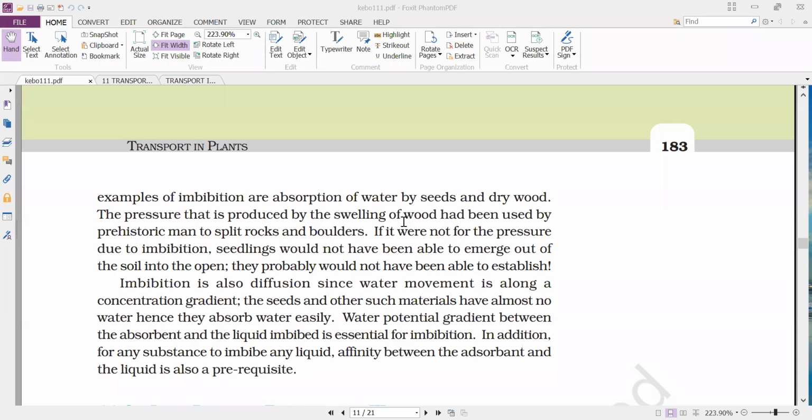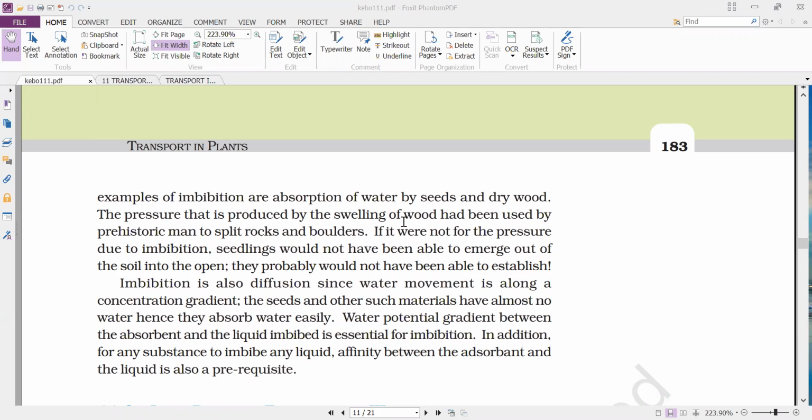Because of this swelling, the outer hard seed coat ruptures. As a result, the embryo emerges out in the form of a seedling. So imbibition plays a very important role in seed germination.